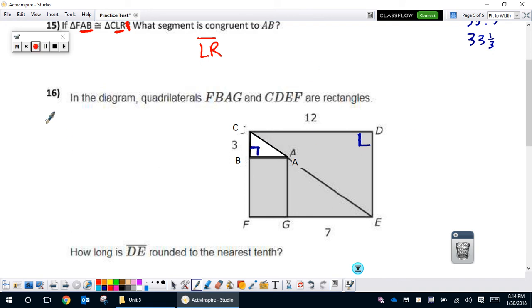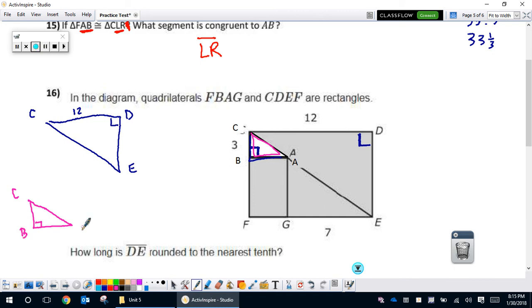But if we pull out triangle CDE, our right angle is in the upper right. If we pull out this guy, triangle CBA, the right angle is in the bottom left.